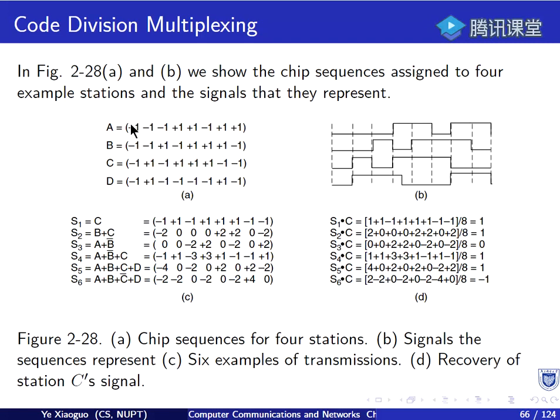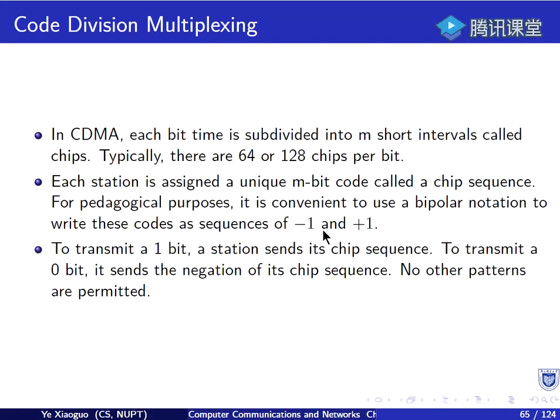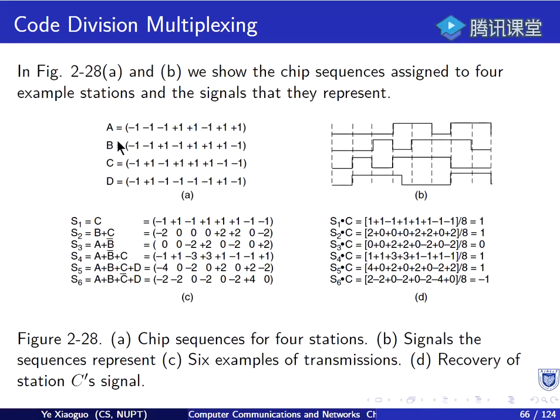Here, -1 means 0, +1 means 1, -1 means 0, +1 means 1. So the chip sequence of A is 0001111.